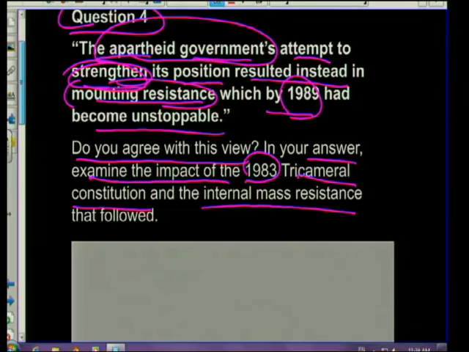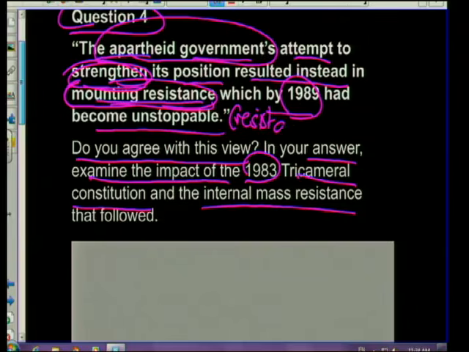If you look at the words in the statement, keywords like strengthen, mounting resistance, it increased the resistance. That in 1989, that resistance became unstoppable. In other words, it could not be stopped.